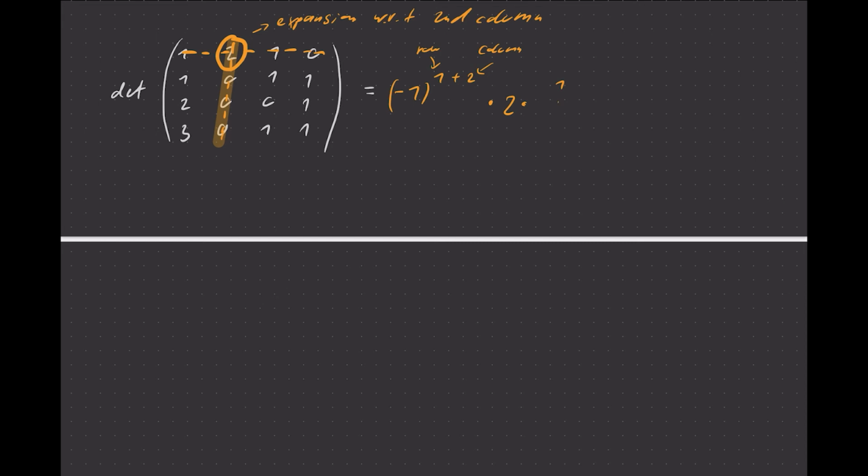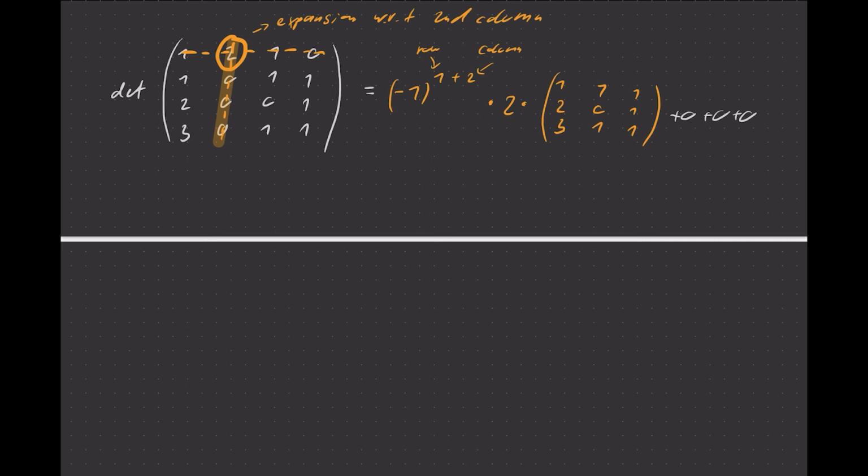That is 1, 2, 3, 1, 0, 1, 1, 1, 1. And again, all the other entries that would come from this entry and this entry and this entry, all the other summands are going to be 0. I'll just write those at the end, something like plus 0 plus 0 plus 0. So no need to actually compute anything here.